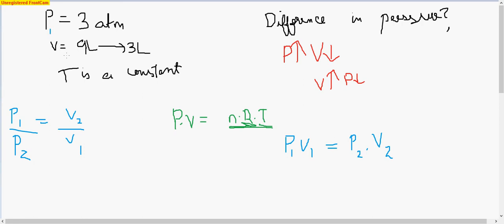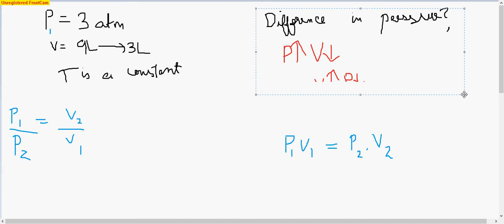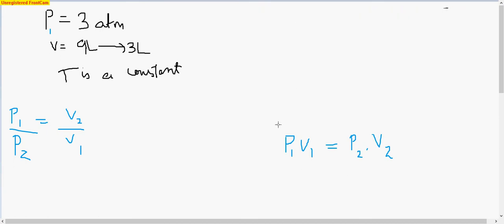I mean, we don't have P2, we have P1. Okay, we have the value of P1, right? This is P1.